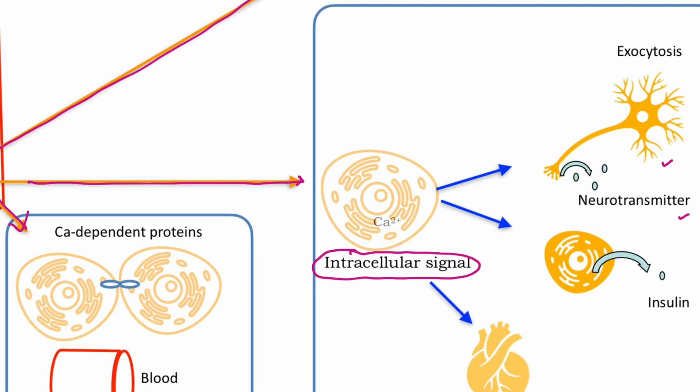So basically in a cell that is not activated, we see most of the calcium is either in the mitochondria, or the ER, endoplasmic reticulum. There is hardly any calcium in the cytoplasm.